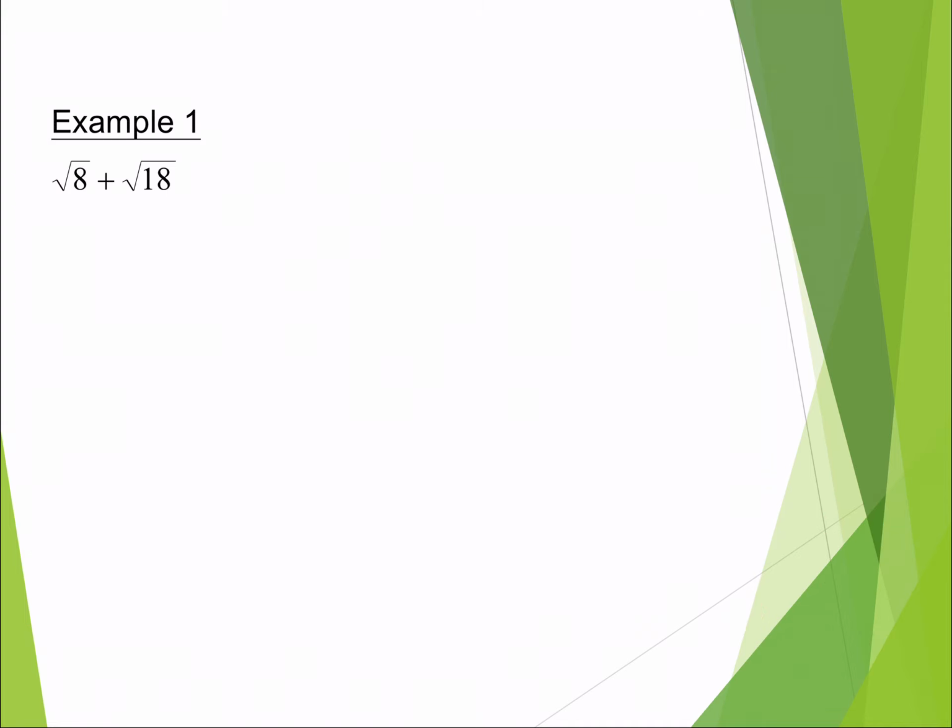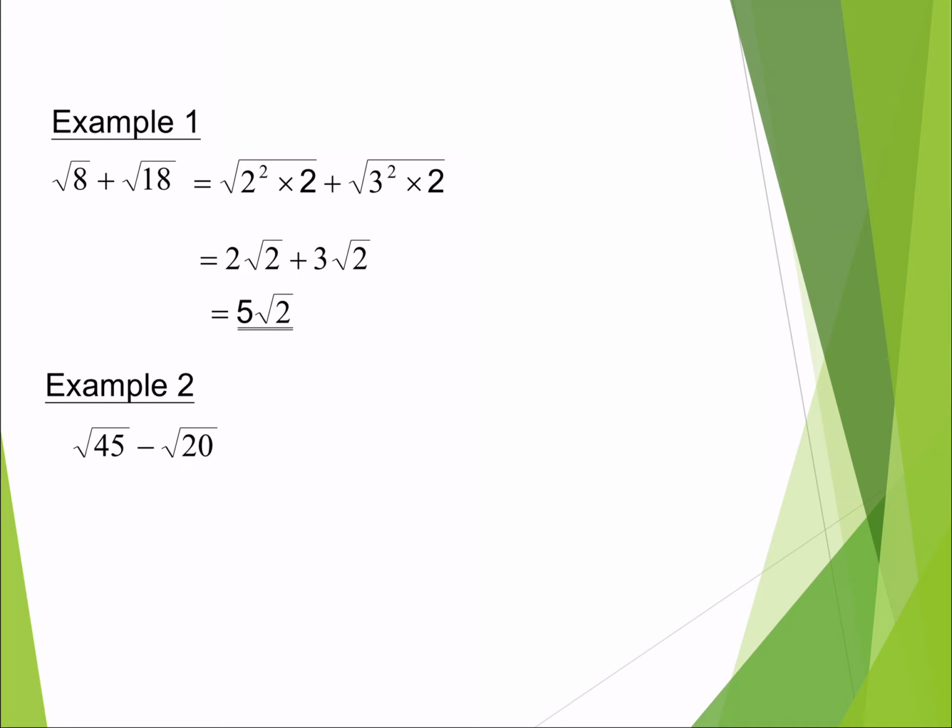Okay, some more examples. Addition of surds. Simplify. There are like surds containing square root 2. 2 plus 3 equals 5 of the square root 2. Okay? And then example 2, 45 equals 3 squared times 5, and 20 equals 2 squared times 5.